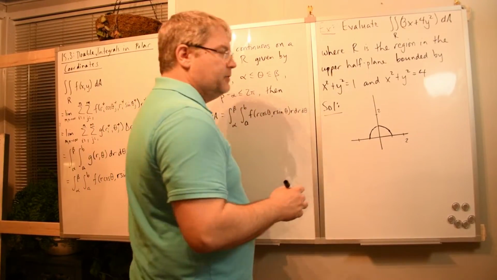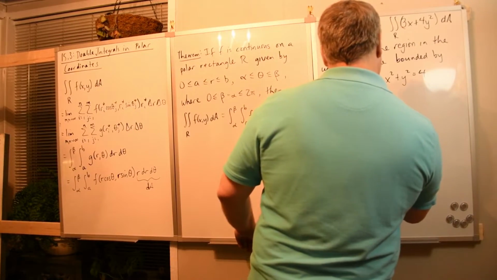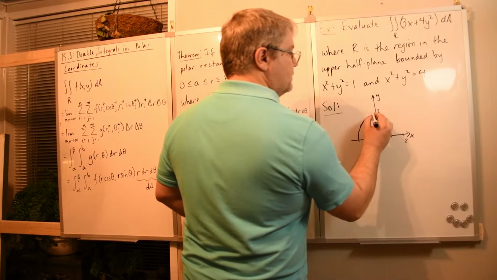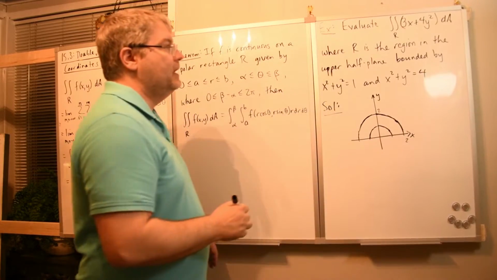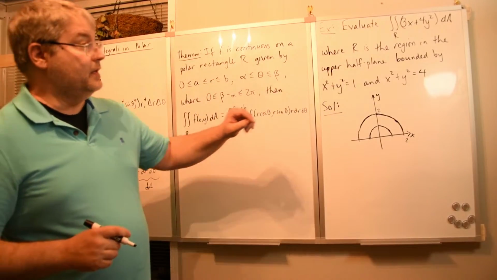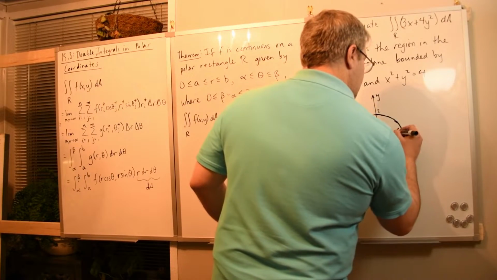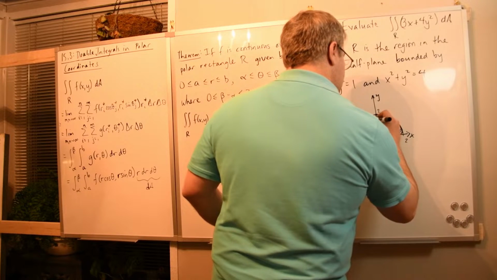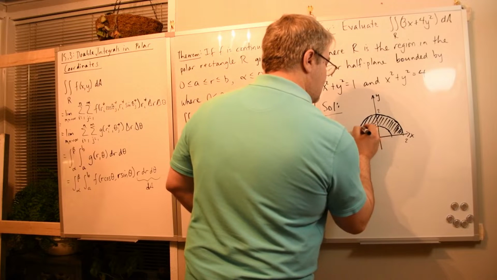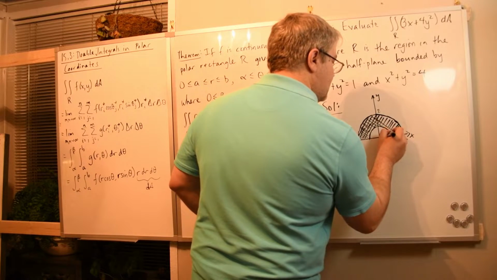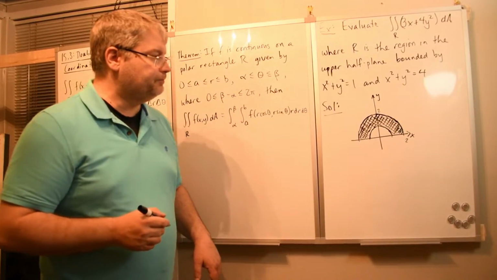The x squared plus y squared equals 4, well, that's going to be a circle of radius 2, center at the origin. But once again, we're just looking at the upper part of this. Now, R is the region in the upper half plane bounded by these two circles, which means that R is actually going to be the shaded region here. Okay, so that's going to be our region R.